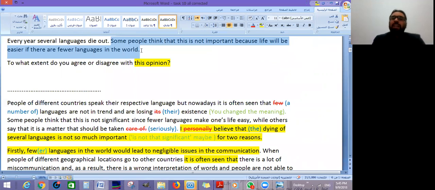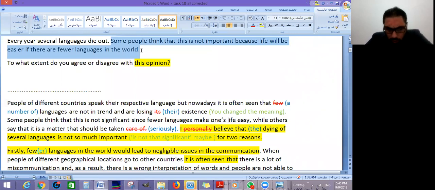Or we could say it is totally negative, but there are a few positives that come with languages dying out. So there is not one position you could take or two positions. There are probably an infinite number of positions that you could take. It's up to you. You could choose whatever you want to do.